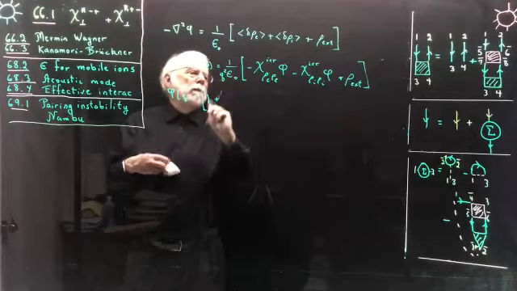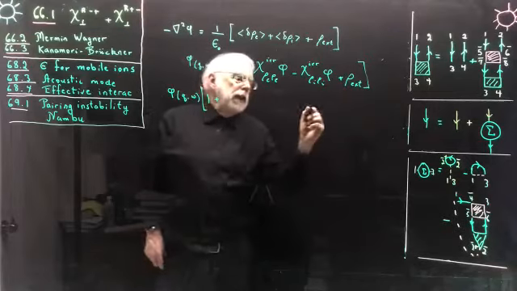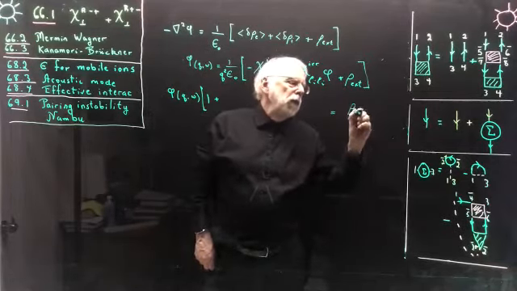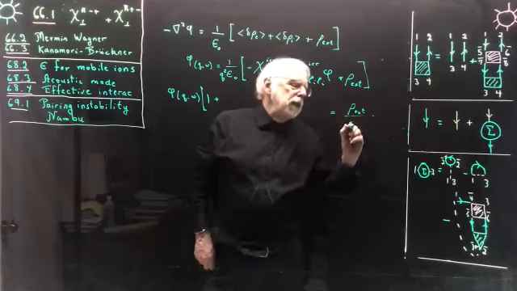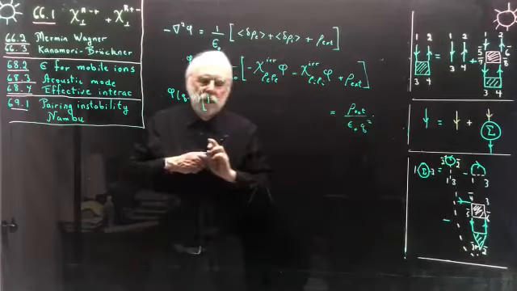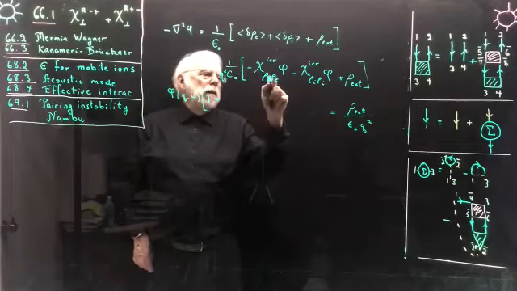Q squared. And so here on the right hand side, I will just have rho external divided by epsilon 0 q squared. On the left, rho e is the charge, right?